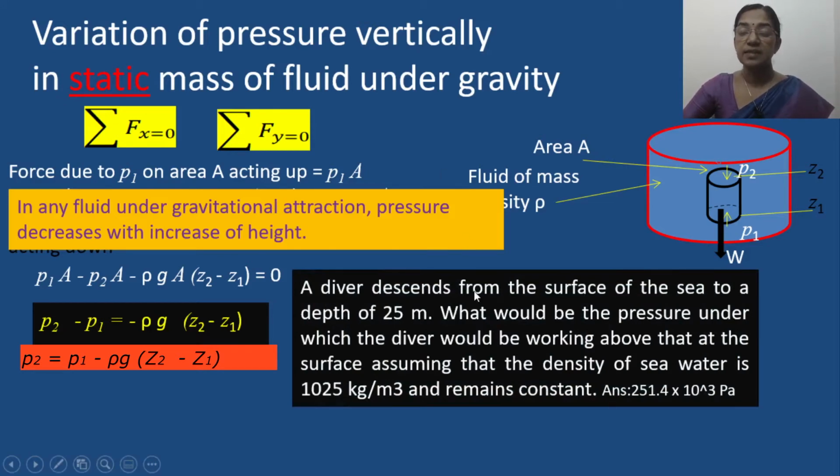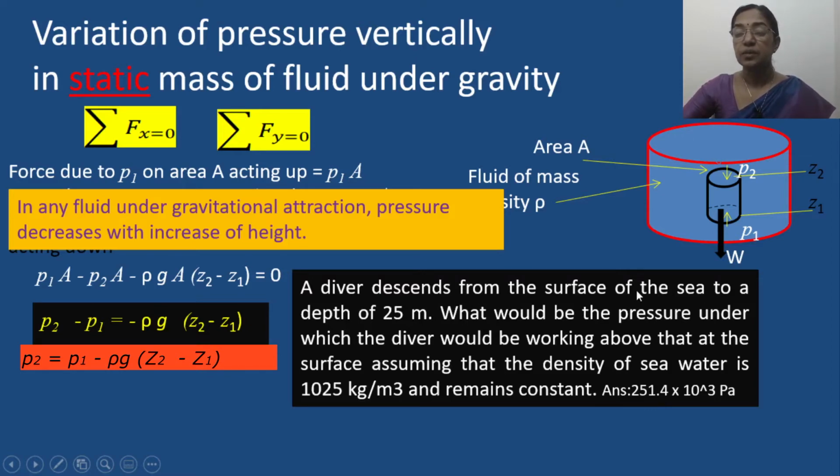A diver descends from the surface of the sea to a depth of 25 meters. What would be the pressure under which the diver would be working above that at the surface, assuming that the density of seawater is 1025 kg per meter cube? The density of the seawater is given and we have to get the value of P2 minus P1. Let us consider the surface of the sea as the reference level where Z1 equals 0.